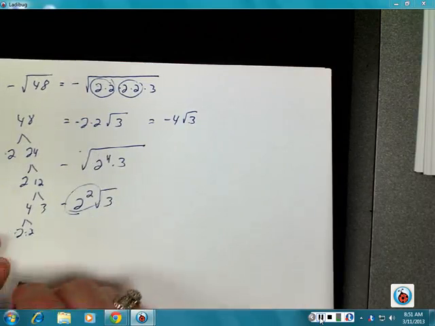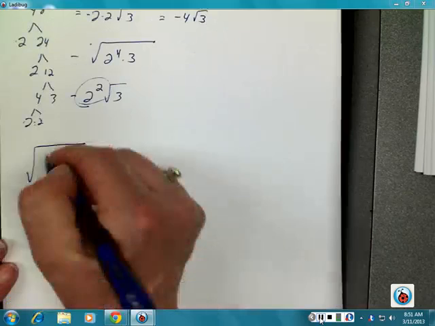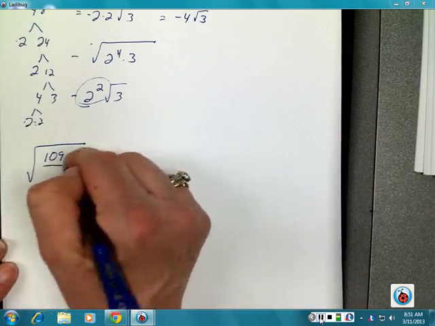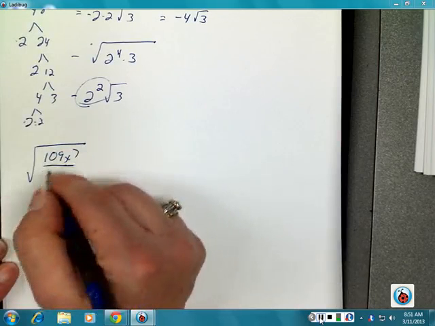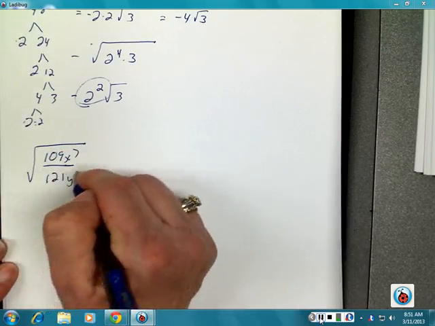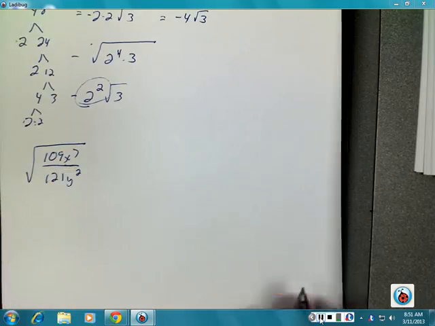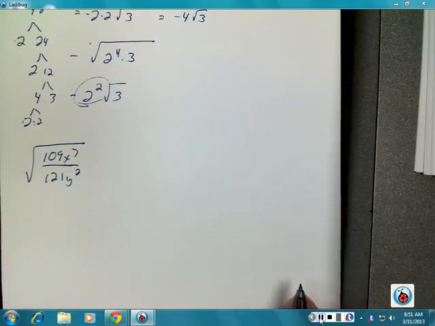How about this one? Square root of 109 x to the 7th all over 121y squared. What will happen to that one?